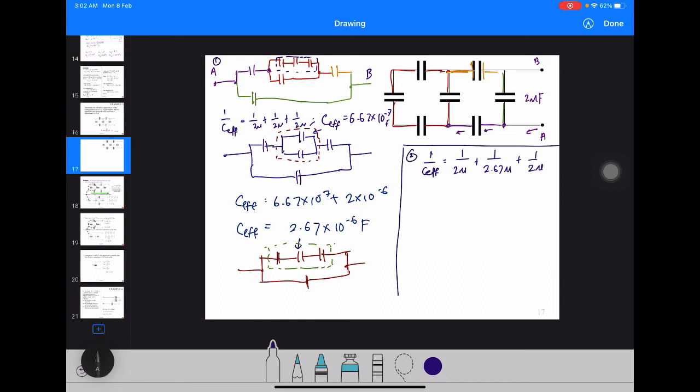Obviously you have to write times 10 negative 6, but because I'm running out of space, I'm doing it like that. Dividing, what I got here is 7.28 times 10 negative 7 farad. And now on to the last one.